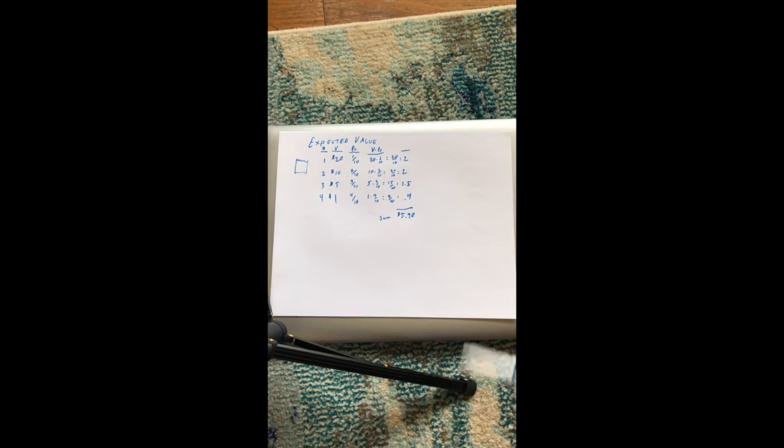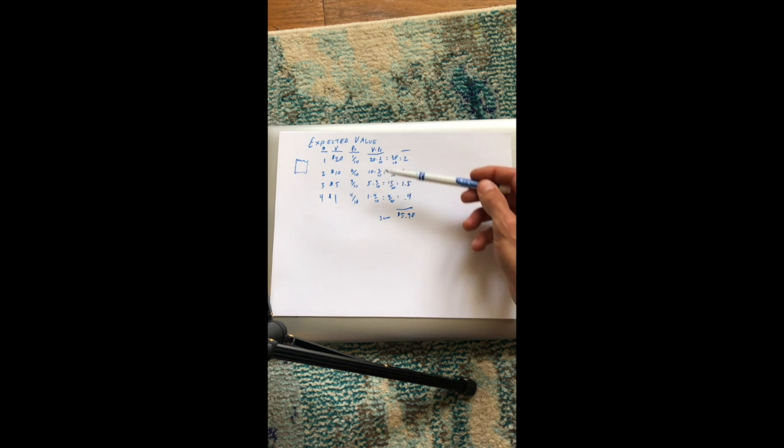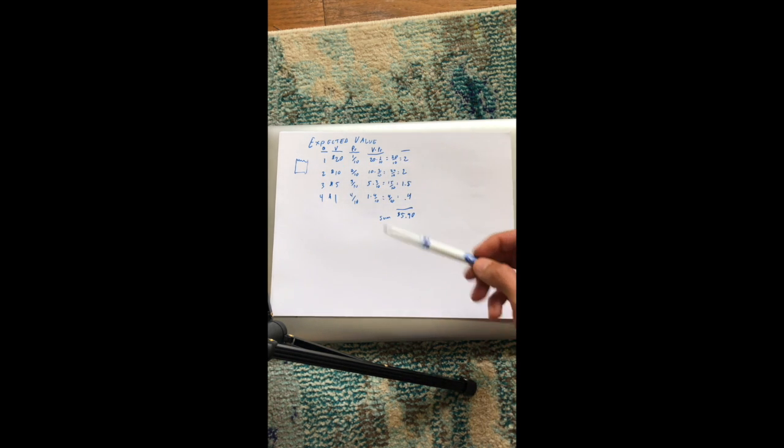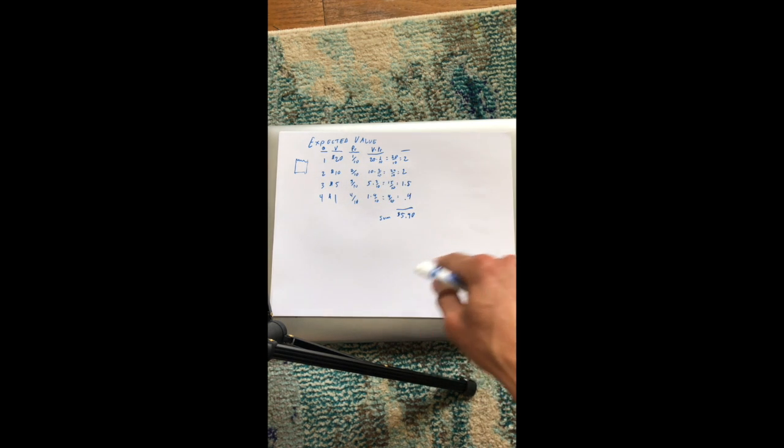So something that happened in class was someone found a shortcut, a way to kind of bypass this, and that was by adding all the values. Let me show you the exact example.